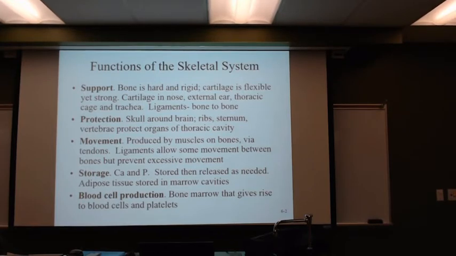When we're looking at cartilage that we might find between two bones, for example, it will be containing more of that collagen fiber. And bone is going to have a lot of the collagen fibers. We're going to have ligaments. Ligaments help hold a bone to a bone.